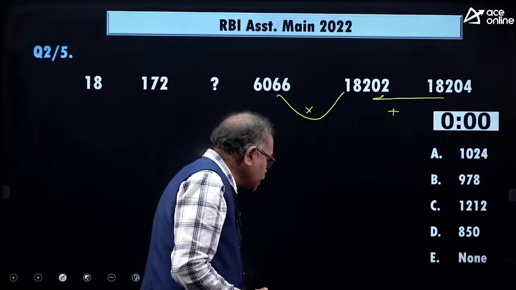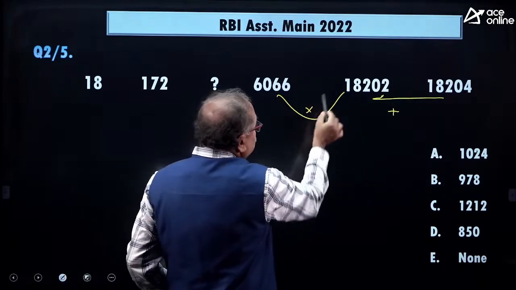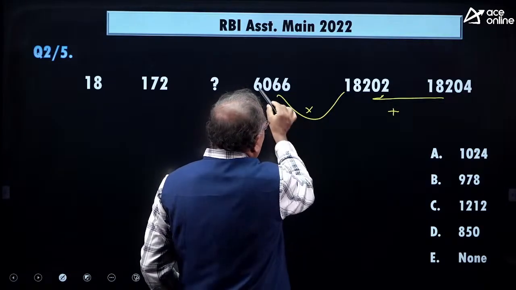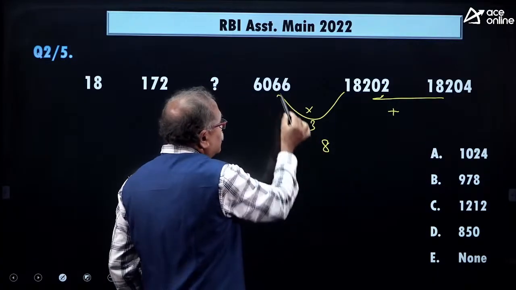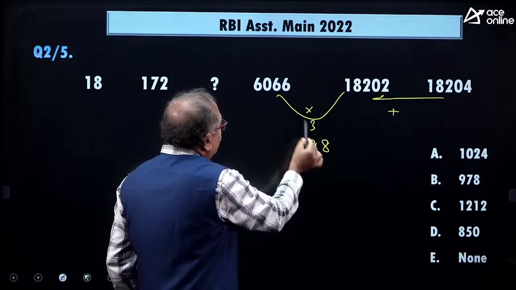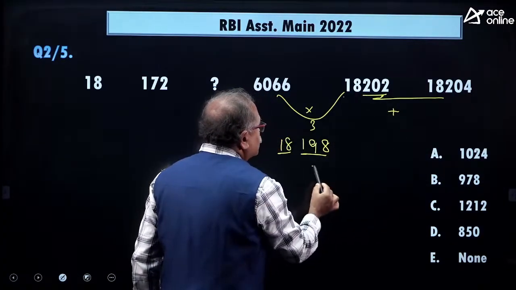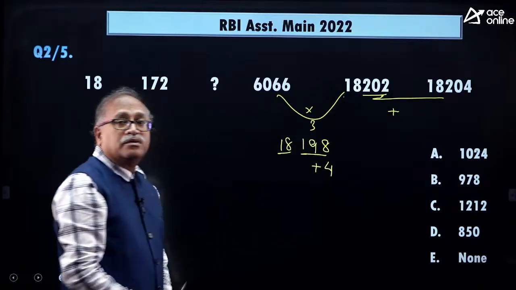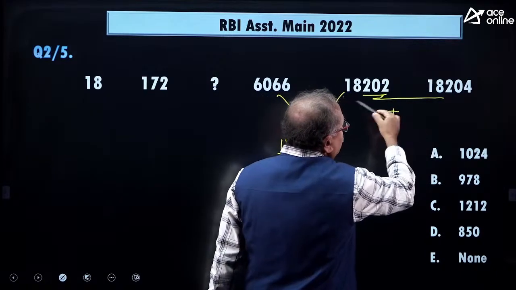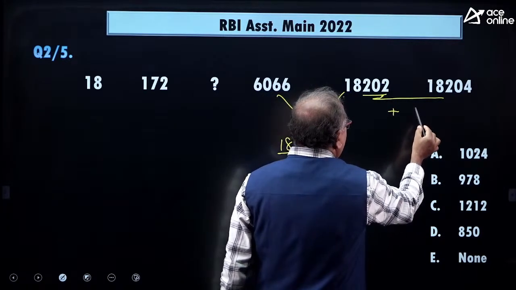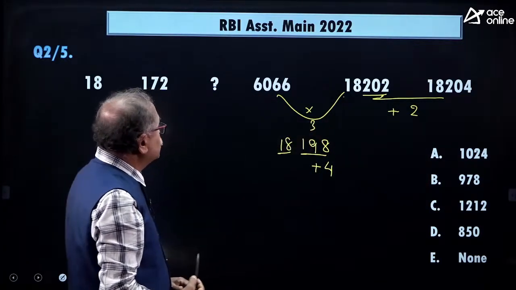Okay. At my end the 30 seconds is over. So what I noticed over here, it's into 6, 8 into 3. So 6 3 is 18. 3 6 is 18, carry 1, and 18 1 19 and 6 3 is 18. So 18 198, 18 204. So that means plus 4 is there here, right? Now what about the value from here to here? It is simply plus 2, plus 2. So here into 3 plus 2 over here.